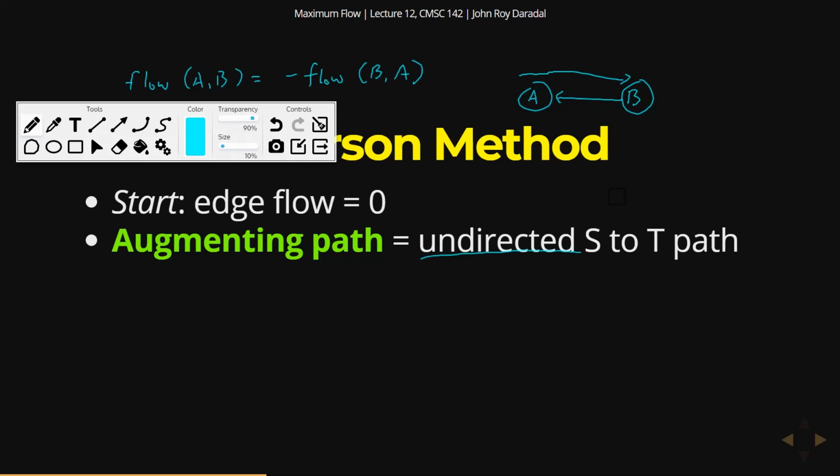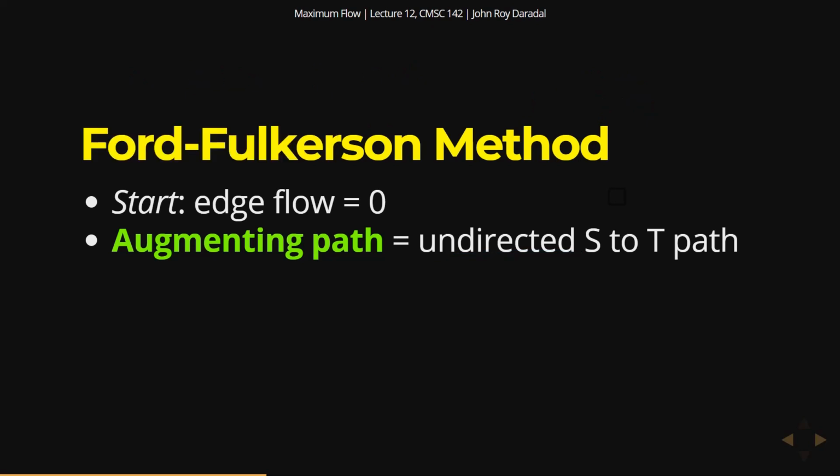We don't follow the direction in the augmenting path, but then we will have to reverse that flow, so it's a negative value. I'll show you how exactly that looks in a while.